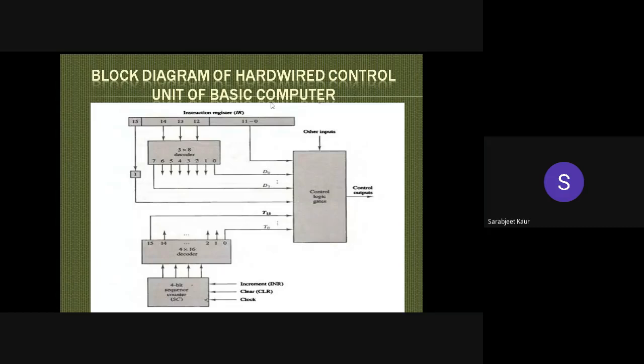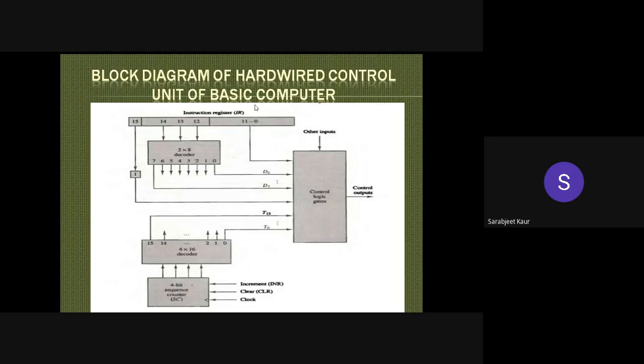So this entire configuration that we are studying in Morris Mano, this basic assumed computer, is called the basic computer. Even if you get this terminology of basic computer in your paper, it would refer to the same computer architecture that we have been discussing in this book.